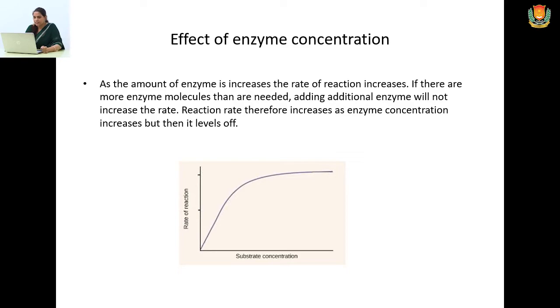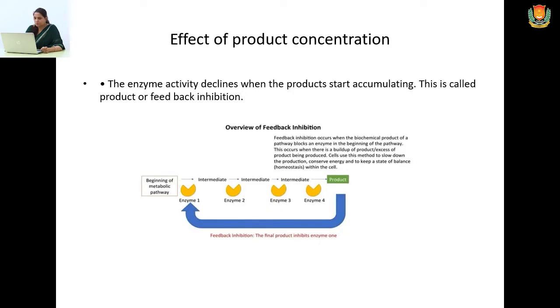So the next factor is the effect of product concentration. We talked about the substrate concentration, we talked about enzyme concentration. Now I am coming to the product concentration. We know that each and every metabolic reaction is highly regulated in our body, because if there were no regulation, it would not be possible to carry forward proper metabolic pathways.